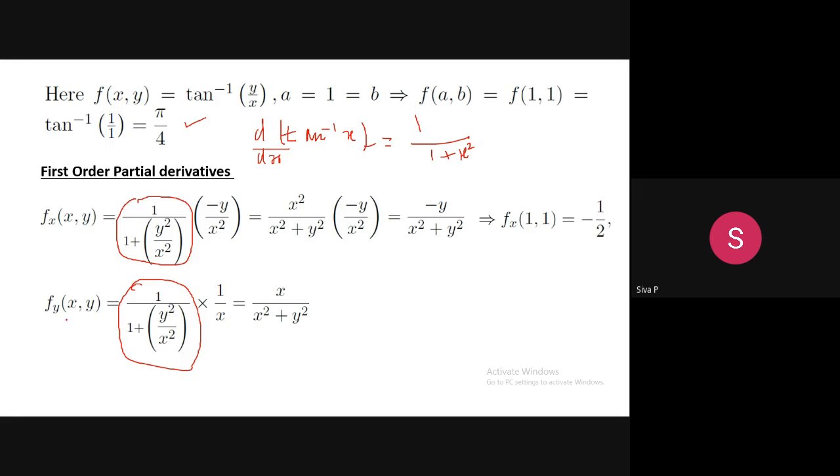So we get x by x square plus y square. Then substitute 1 comma 1: fy of 1 comma 1 is 1 by 2. So fx of 1 comma 1 is minus 1 by 2, and fy of 1 comma 1 is 1 by 2.